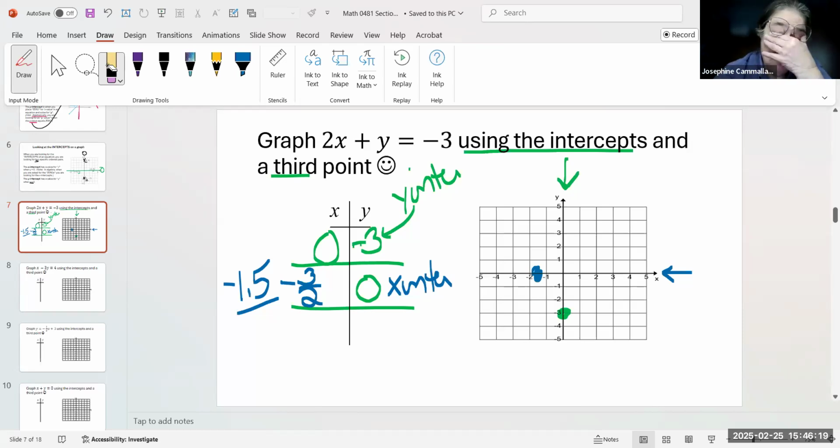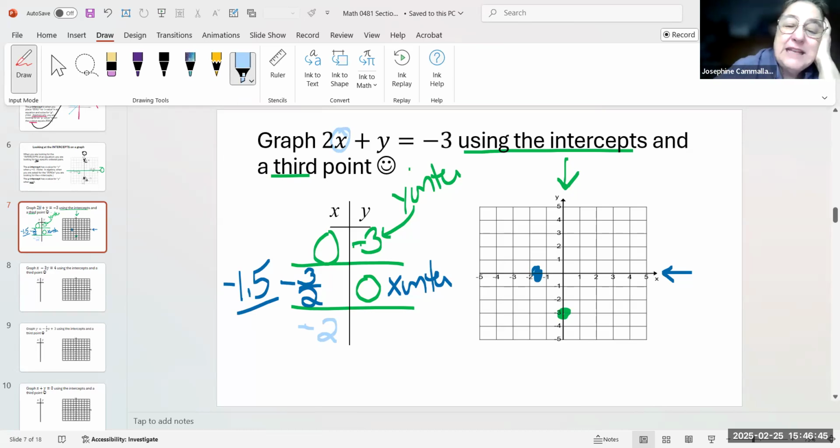Well, you can pick whatever you want, but I'm going to say pick small. I'm going to pick a -1. Or let's do better. Let's pick -2. Okay? That means this value is -2.